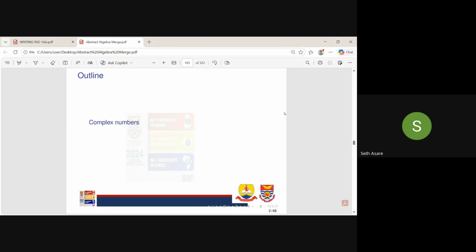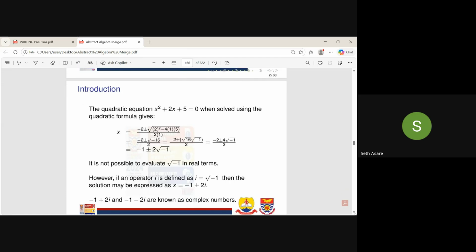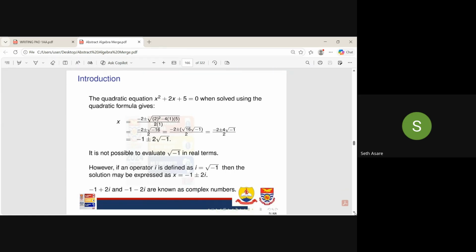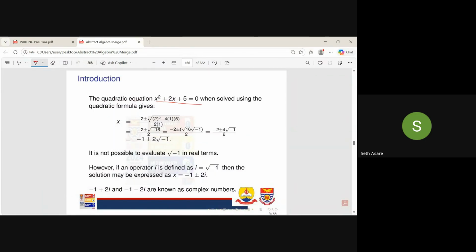Today our task is to talk about complex numbers. All right. So this is what we have. We have a certain quadratic like this: s squared plus 2s plus 5 is equal to 0.